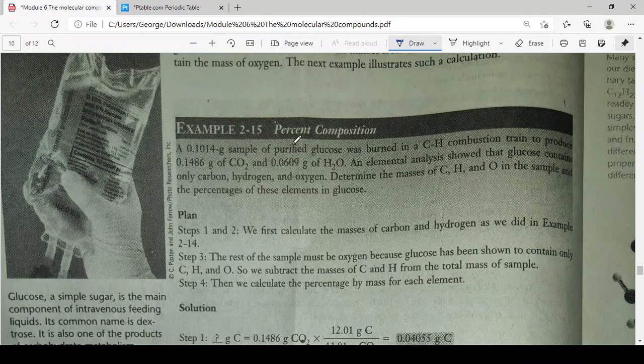An elemental analysis showed that glucose contains only carbon, hydrogen, and oxygen. Determine the masses of your carbon, hydrogen, and oxygen in the sample and the percentage of these elements.